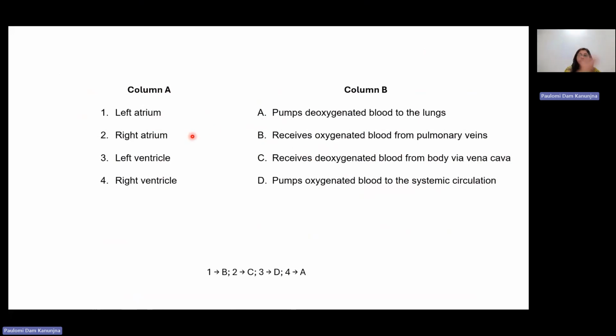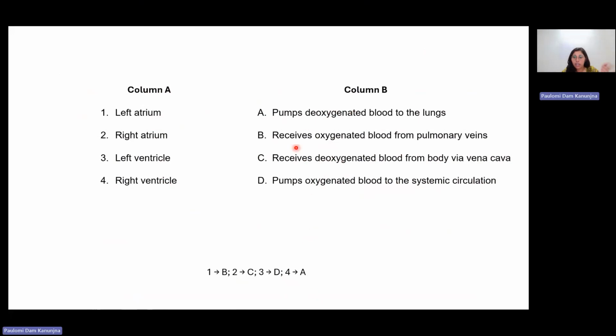I am showing the opposite way because that's how the figures are generally drawn. Find out the deoxygenated ones, A and C. Then you need to remember receives is atrium and pumps is ventricle, right? So that's exactly what you should do. Receives deoxygenated should be your 2, right? So 2C. Pumps is next.